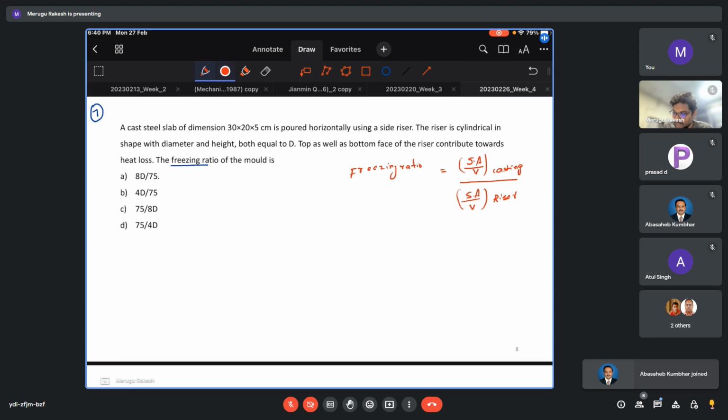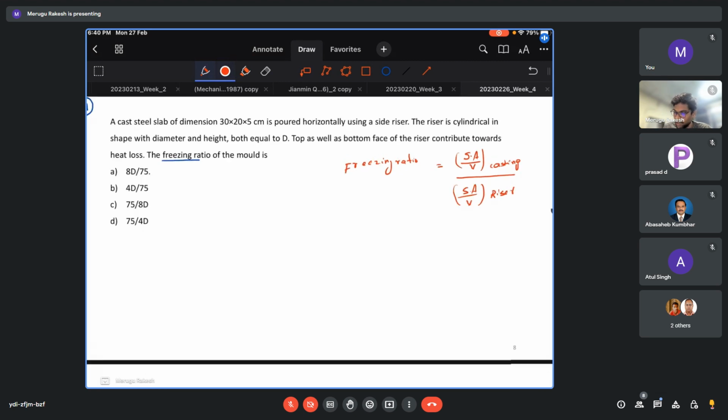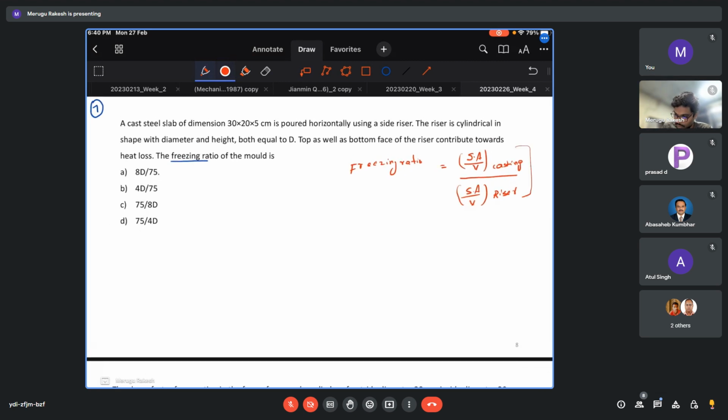So basically, I have given the formula. This is the freezing ratio formula. So initially we have everything. We have the dimensions of the casting, 30 into 20 into 5 centimeters. So from that, initially let us take this and later we'll discuss the riser design.